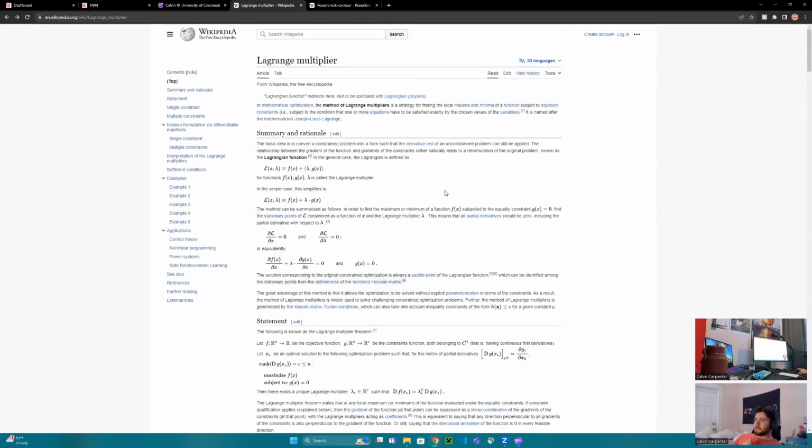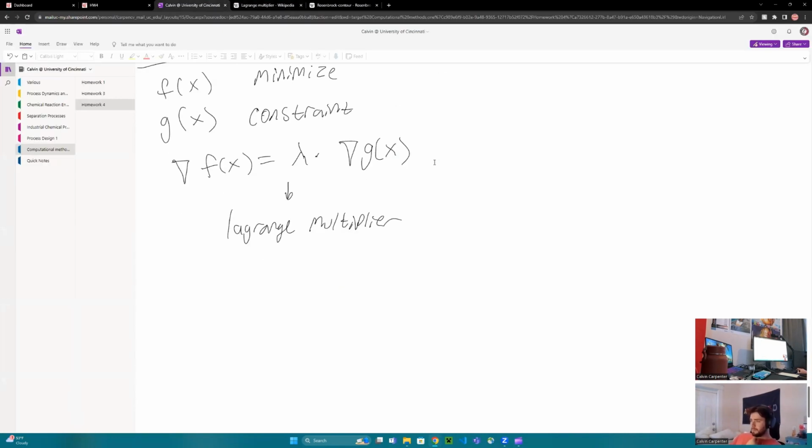So take a look right here. This is going to be our Lagrange equation. So we have L of x, y, and the multiplier equal to f of x and y.